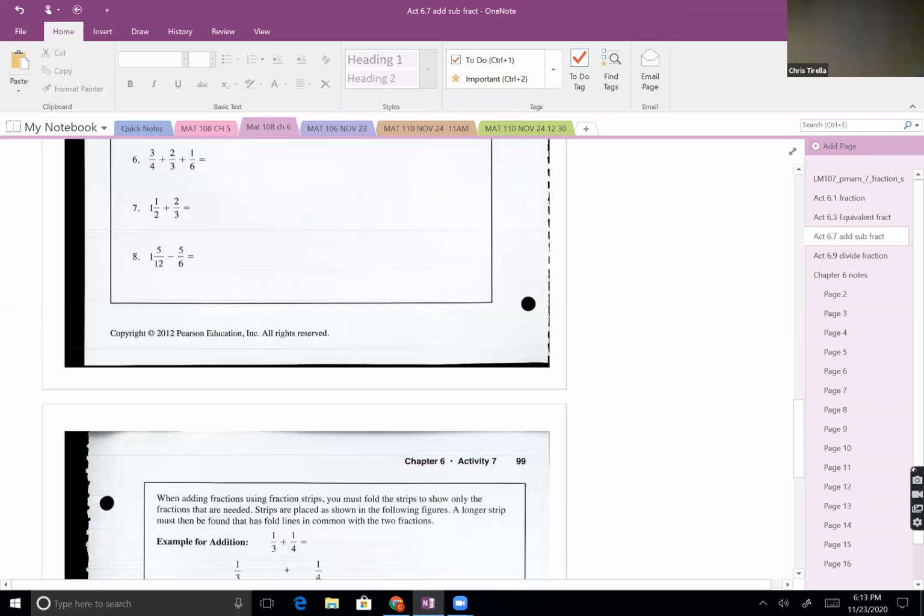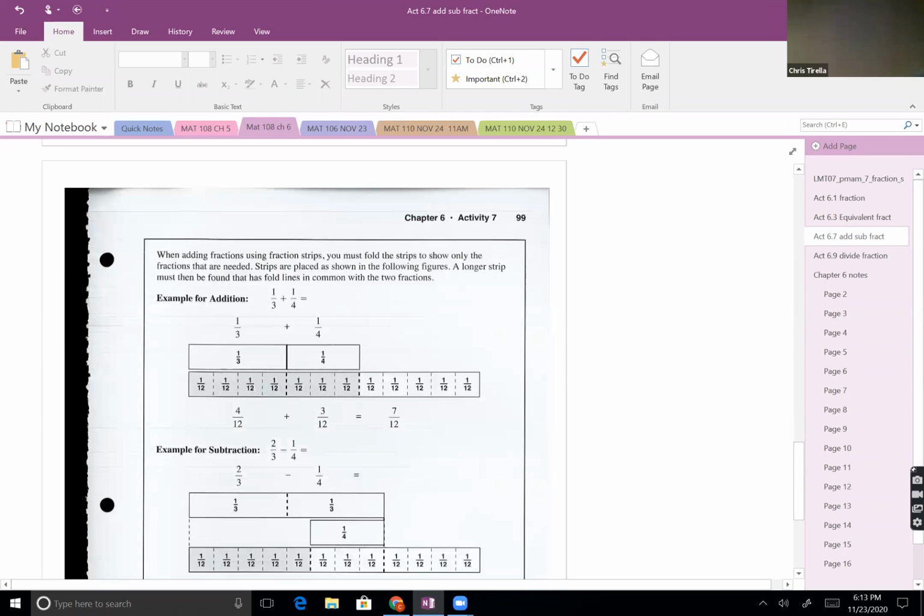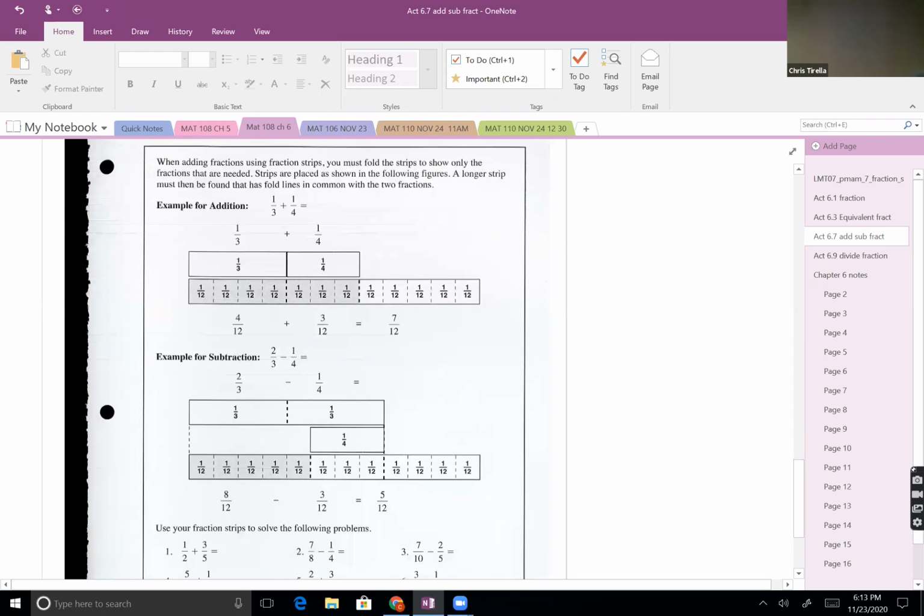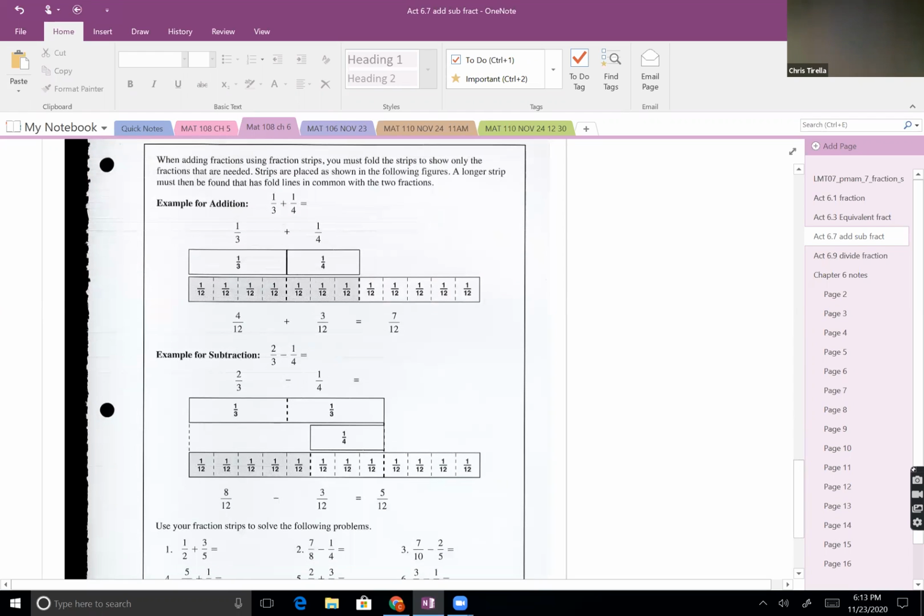And I think last time we also looked at the idea of using those fraction strips in order to show addition. And so here, if we were to take 1/3 plus 1/4, when we line them up, we'd see that the sum would be equivalent to, on that 12th strip, 7/12.